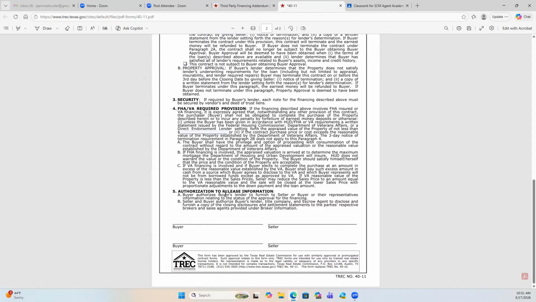Okay. And then the authorization to release information. The lender needs to get information from the seller, buyer, and title company needs to move things around. So this is just giving everybody authorization for that lender to move the paperwork around as needed. Okay. And then everybody signs it and we are all good to go. Hopefully that helps.